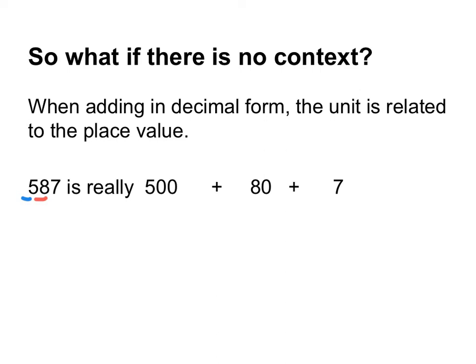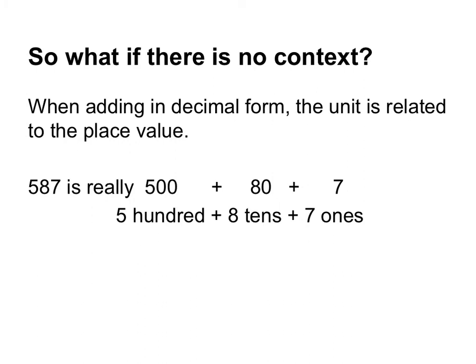And then the 7 is 7 what? 7 ones by itself. So if I take 587 and I think of it as 500 plus 80 plus 7, breaking it up by place value, then I can talk about the unit.